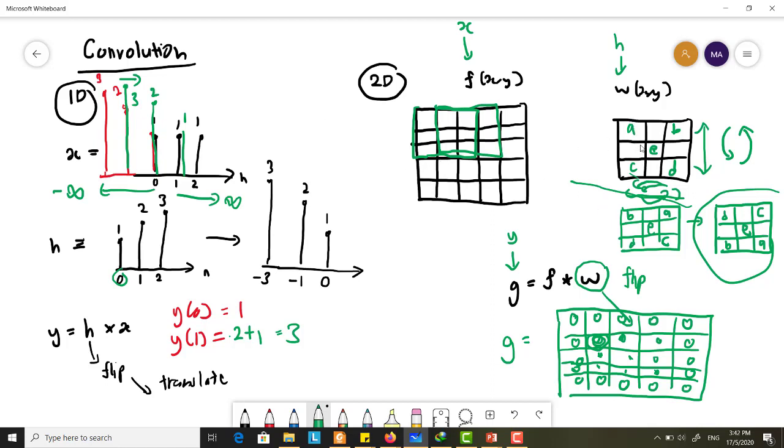I just do a translation process or shifting process without flipping the filter first. So why was that operation skipped during the two-dimensional convolutional operation? So why do we do that? I think those who take image processing can answer that.